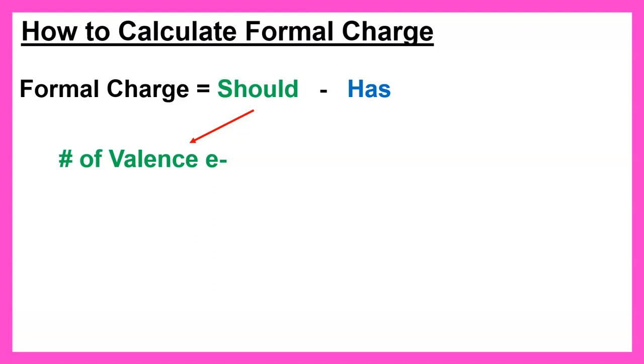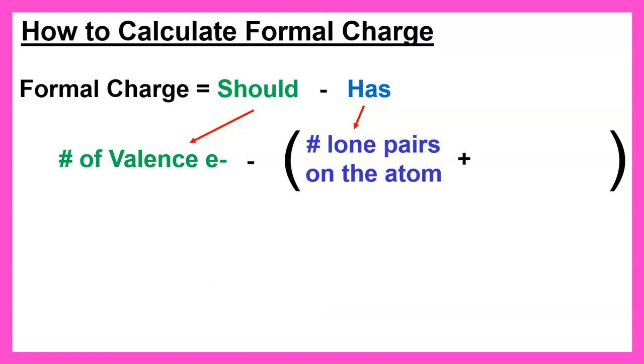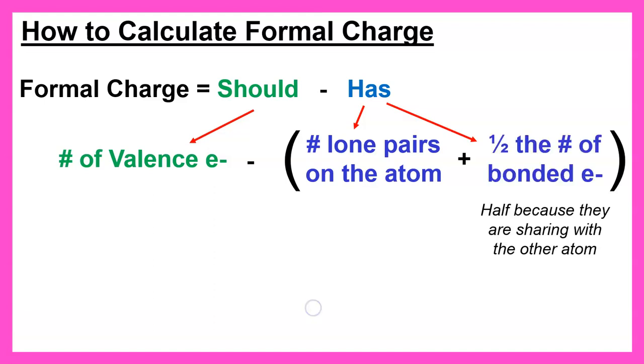When you're figuring out how many it has, you count up how many lone pairs there are, and you're going to take half of any electrons inside the bonds. The reason we take half of the bonded electrons is because we're splitting them between the two atoms.